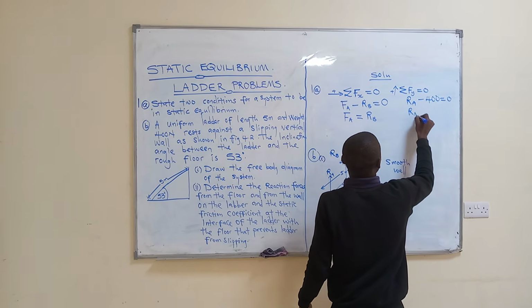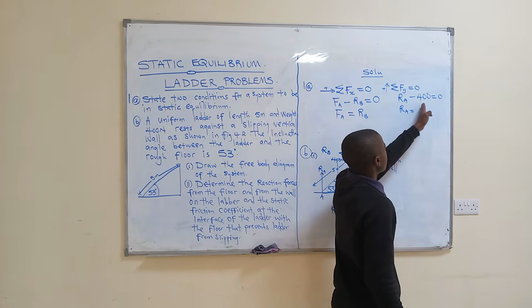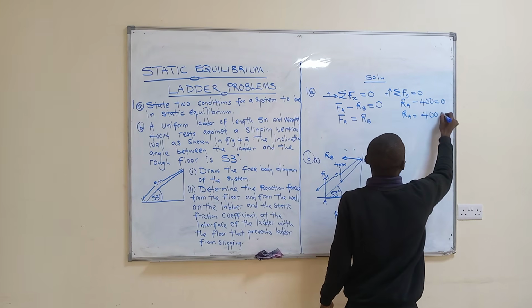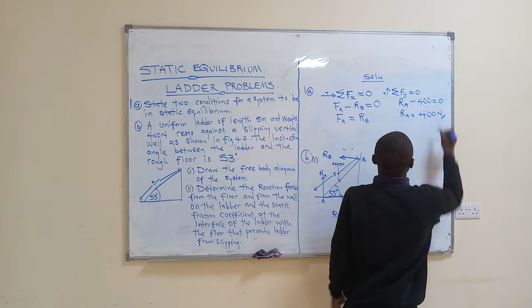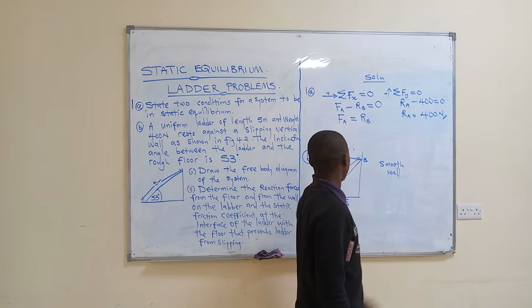So reaction force A is equal to, taking negative 400 across the equal sign to become positive, 400 Newton. So that is the reaction force at A.